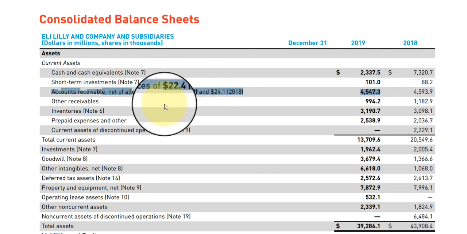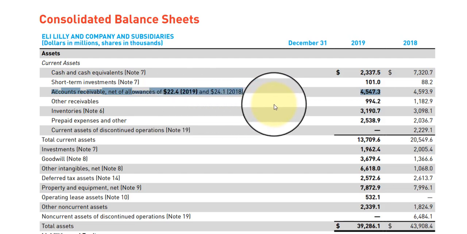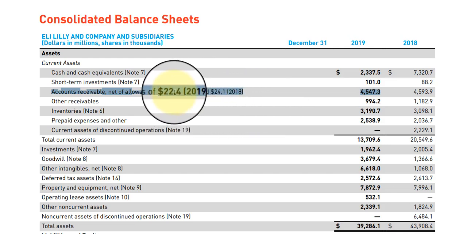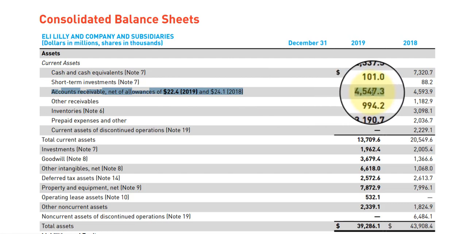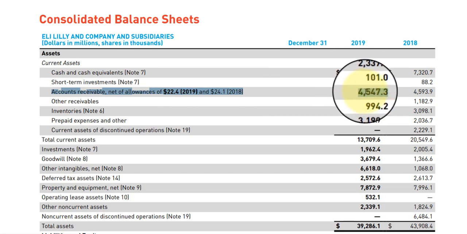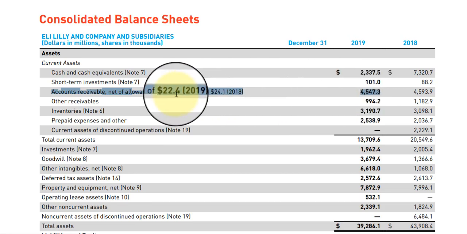So what that means is that the total amount that customers owe, to make it line up with our accounting equation worksheet, the total amount that is actually owed in accounts receivable is these two numbers put together.